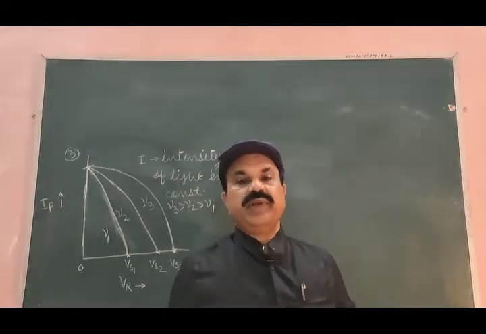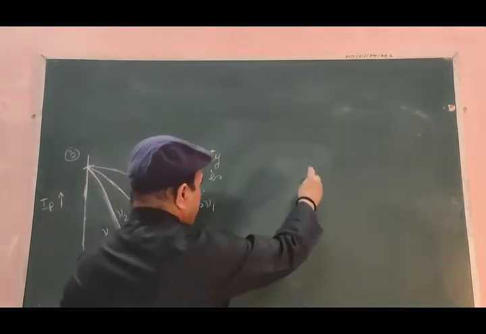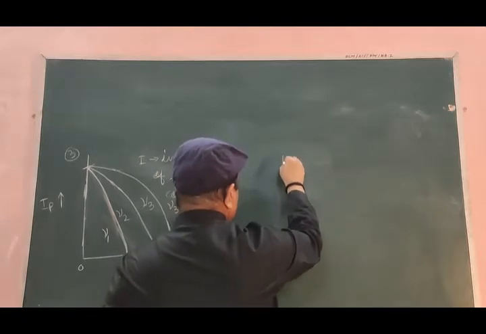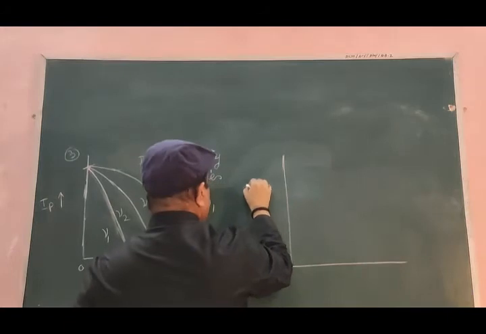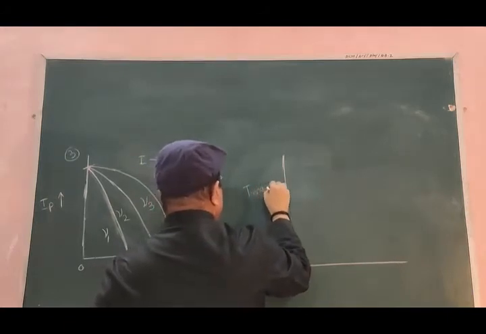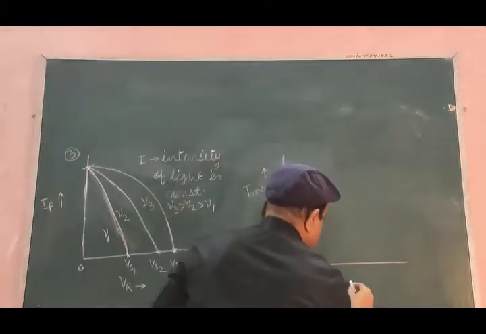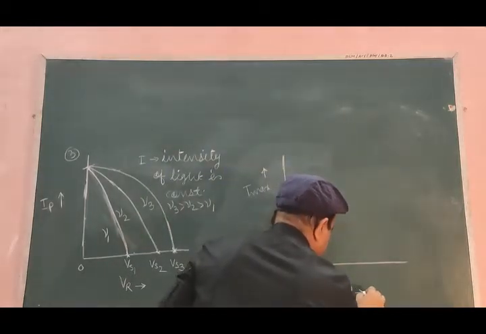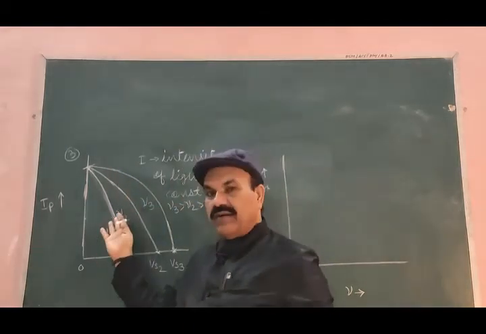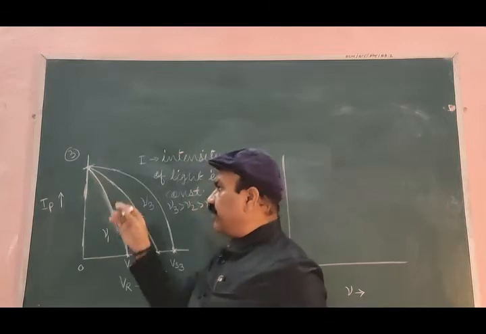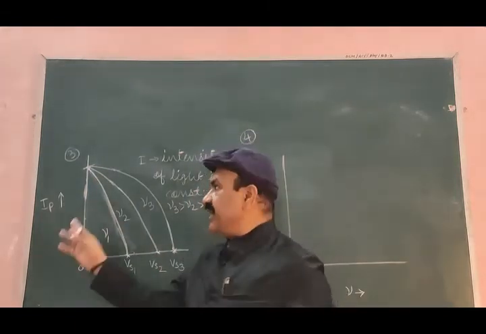This principle can also be applied to figure 4. Let me take maximum kinetic energy on the y-axis and frequency nu on the x-axis. First, let me explain the meaning of the study of figure 3.